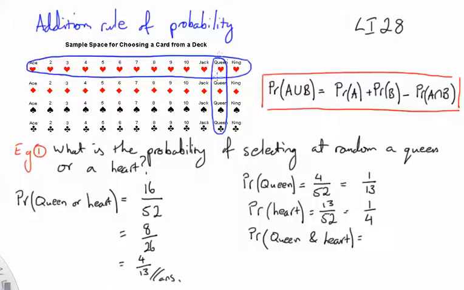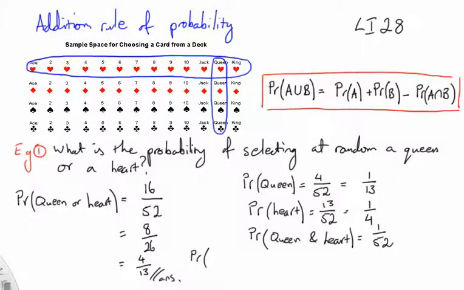Well, there's one option for that. That's the queen of hearts. So that's going to be 1 on 52. Now, the interesting thing is, this formula can be used to solve this problem, and it should give us the same answer here. So let's try that.